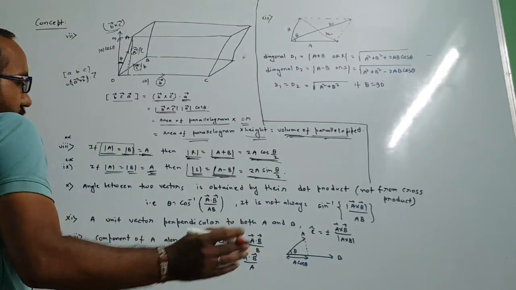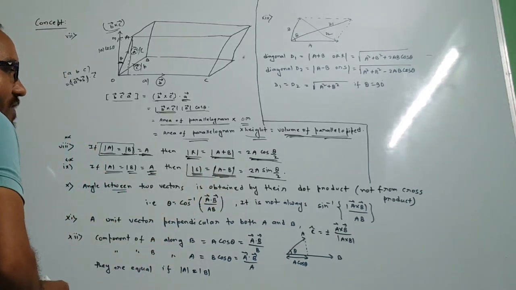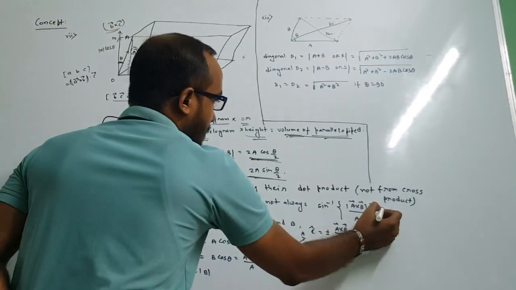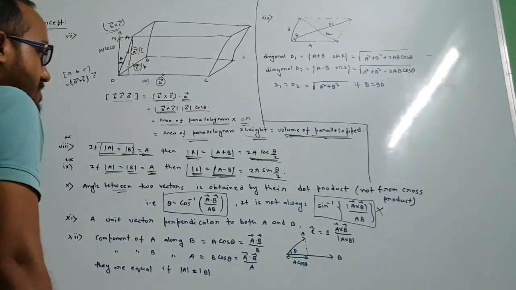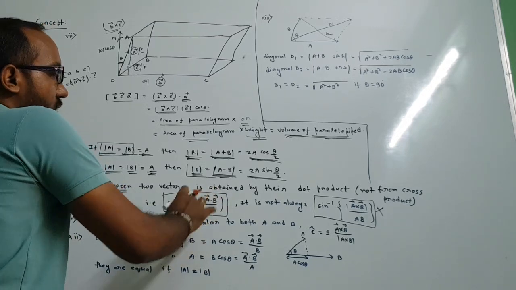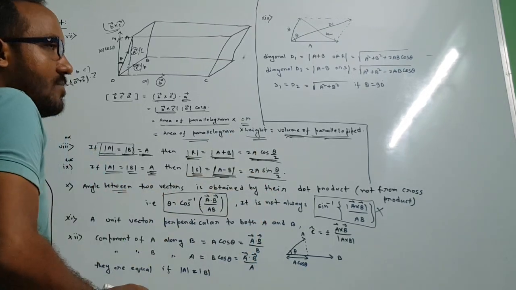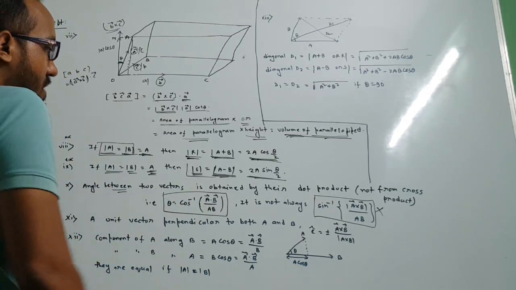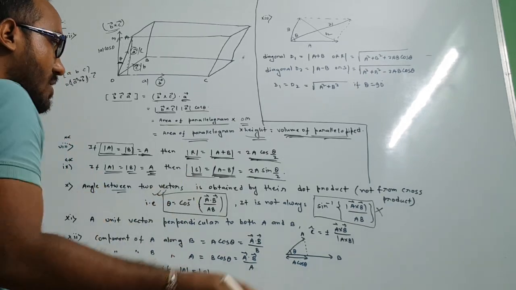Now see, if they ask you to find the angle between two vectors, always come from the dot product, not from the cross product. Because we know A dot B equals mod A mod B cos theta, then cos theta would be A dot B by mod A mod B, then theta would be cos inverse of A dot B by mod A mod B. Always come from dot product logic.